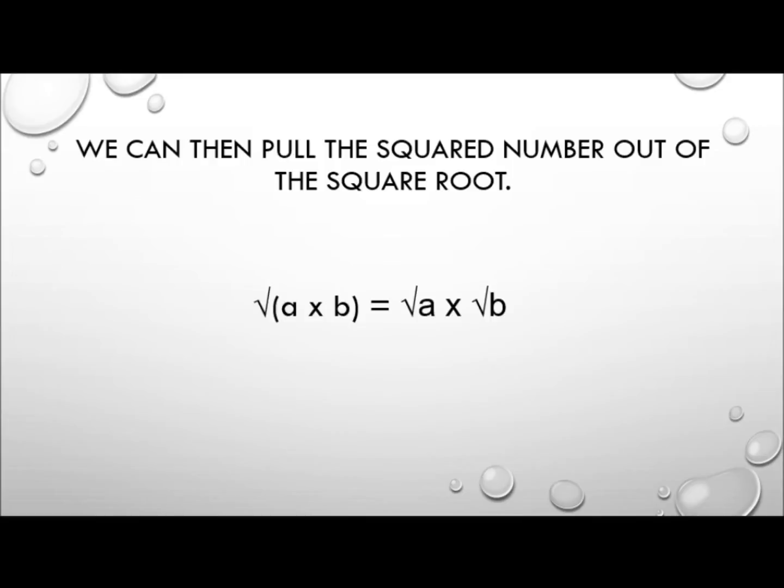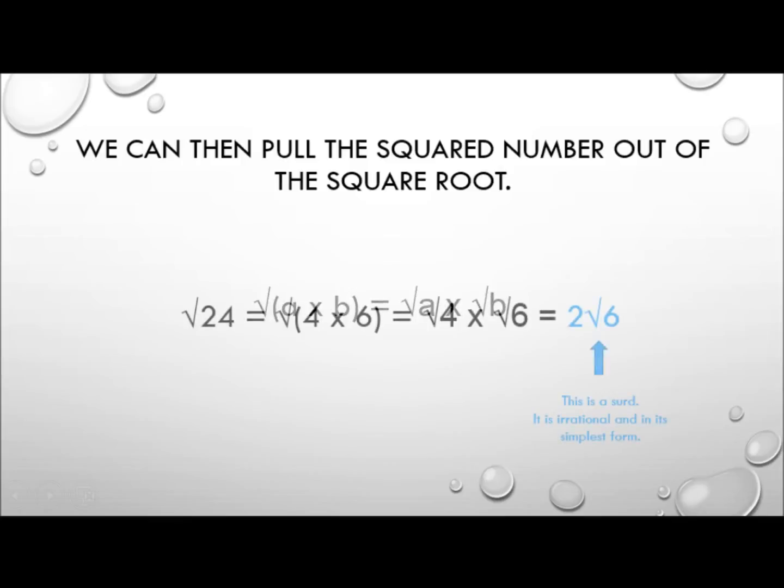We just need to remember that the square root of a times b is the same as the square root of a multiplied by the square root of b. So the square root of 24 can be rewritten as the square root of 4 times 6, which can be written as the square root of 4 times the square root of 6, but we know the square root of 4 is just 2, so the square root of 24 is 2 times the square root of 6. Now this is a surd because it's an irrational number put in its simplest form.